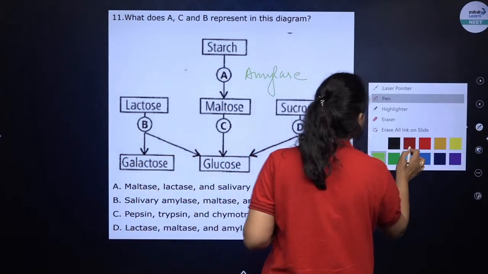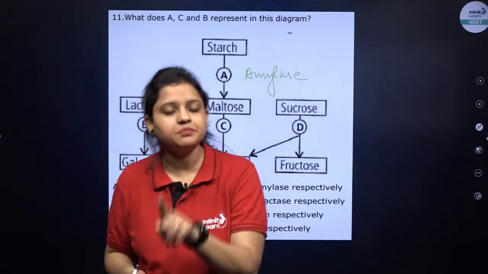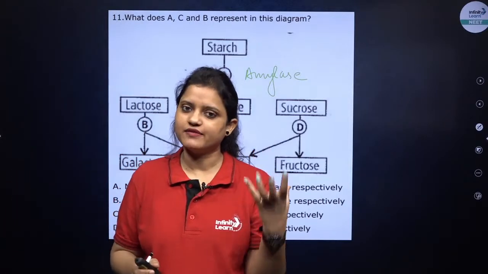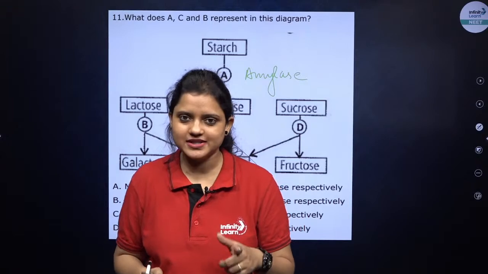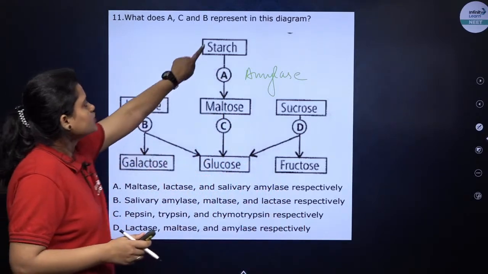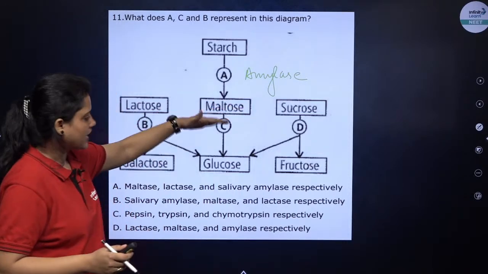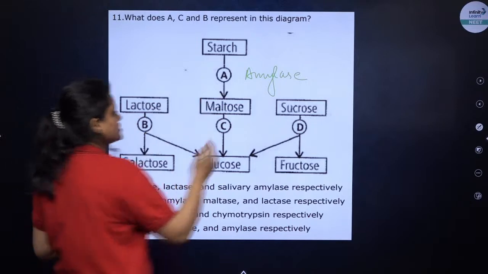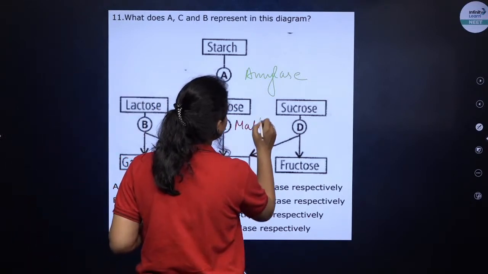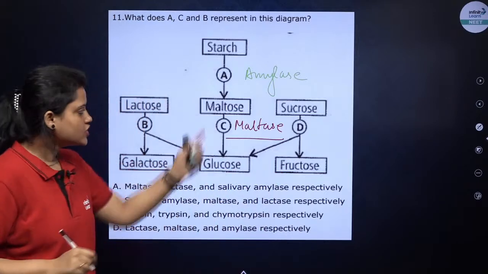Amylase. We know that salivary amylase digests around 30% of starch in our oral cavity itself. Do you remember this? Okay, asked in NEET, very important line. Now starch will be broken down into maltose. Maltose will be acted upon by maltase and it will form glucose, isn't it?